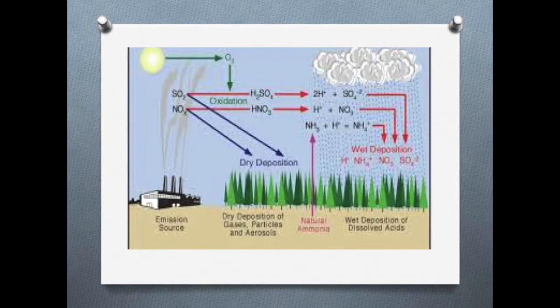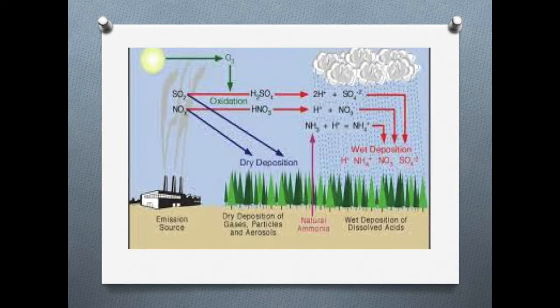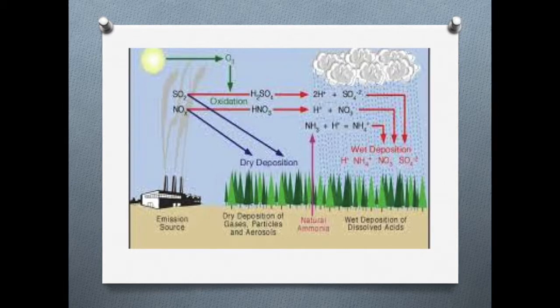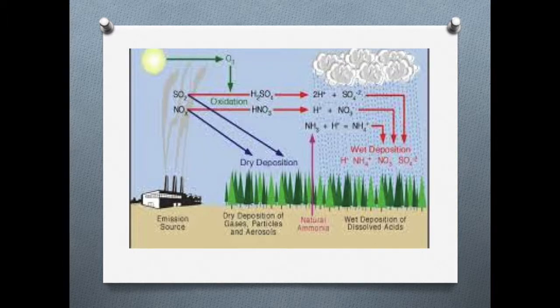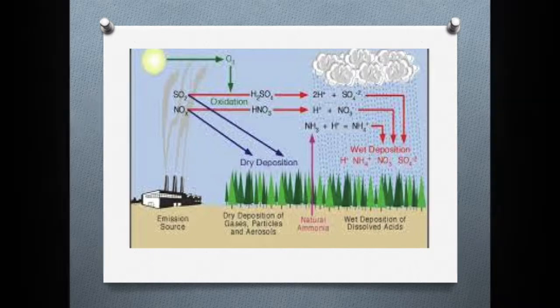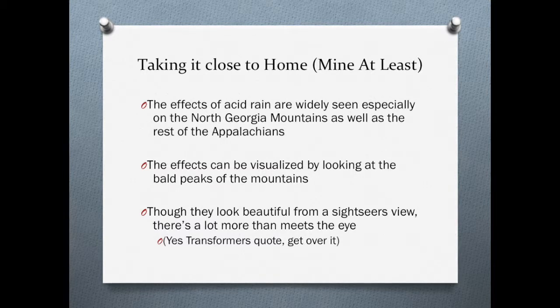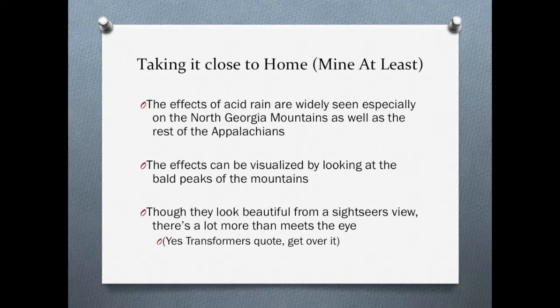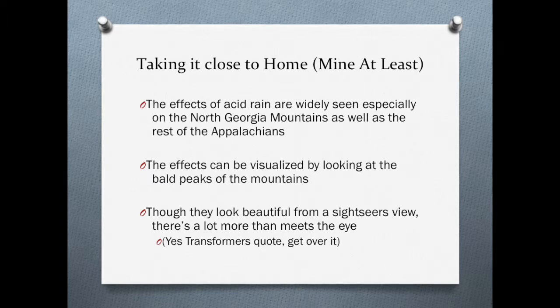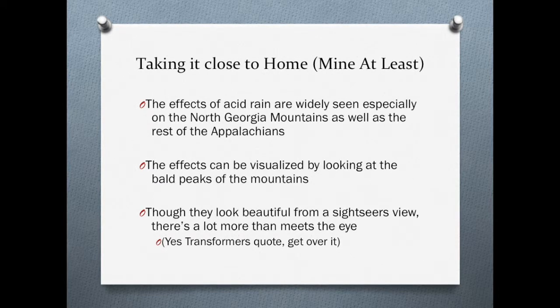So we're just gonna head on to the next slide after this, and that slide is gonna start talking about how it's affecting us closer to home. Now, like I said earlier, I live in the northern region of Georgia, and they're famous for part of the Appalachian Mountains that are there.